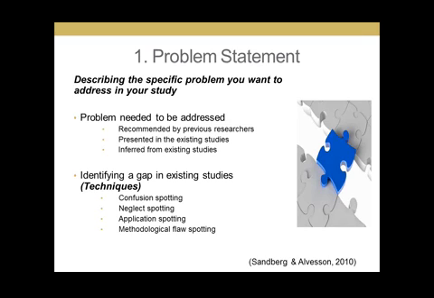One researcher is saying that this is the thing, and another researcher is giving contradictory findings. So you can spot that gap and say that because we are given contradictory findings, I'm going to do my research and find out what is really going on. So that's all about confusion spotting.